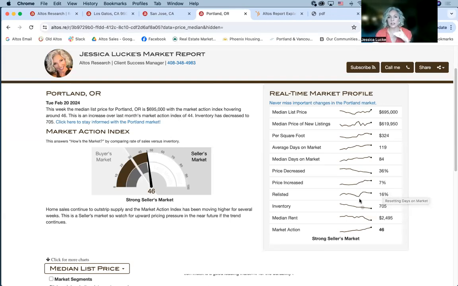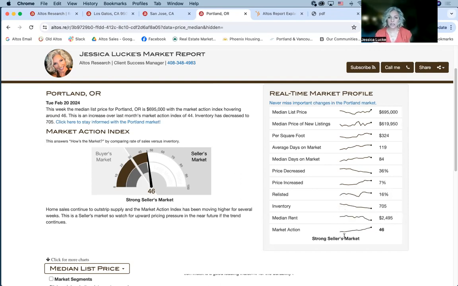As it stands, things are continuing to heat up. Now, inventory, beginning in November, here, 1322. Wow, you're down at 700, okay? So that will show, and you want to see if that's going to continue to drop, or are we going to start seeing some inventory as we head into spring, okay? Median rent, and then of course, our market action index.